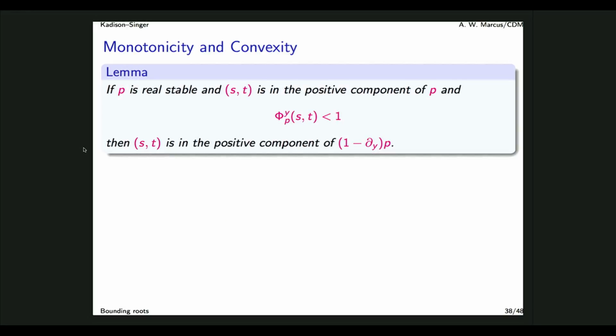So the monotonicity lemma is that if P is real stable, and st is in the positive component of P, if the barrier function at st is smaller than 1, that means you're far enough away from the edge, then after you do this operation, you're still going to be in the positive component.